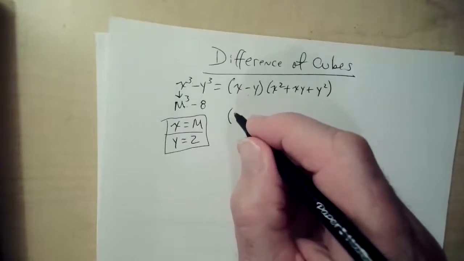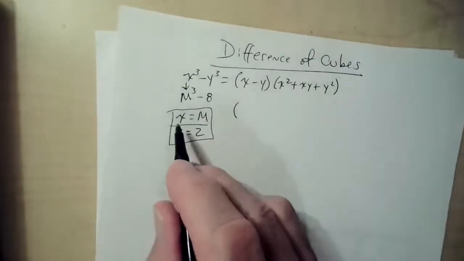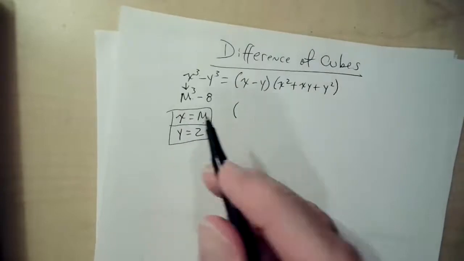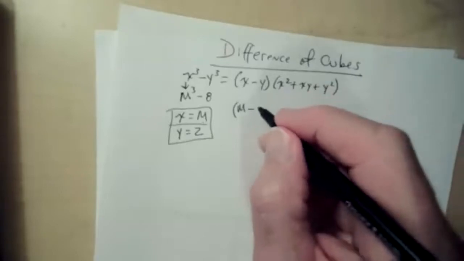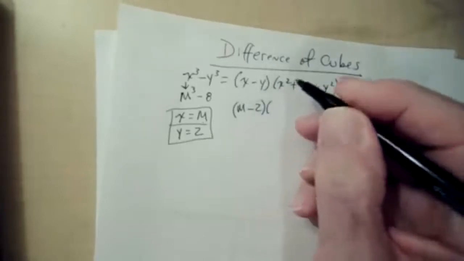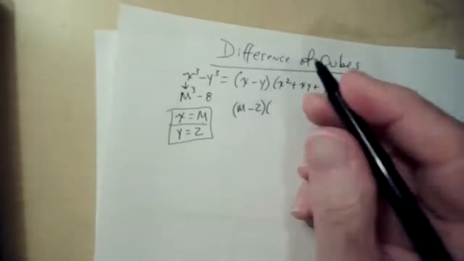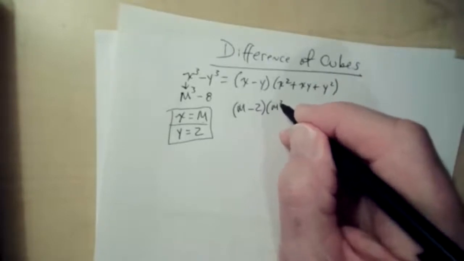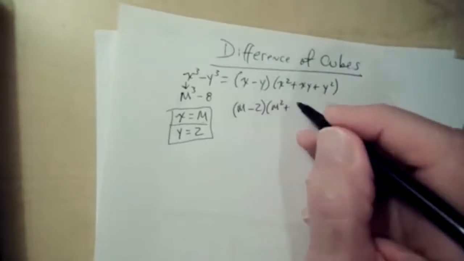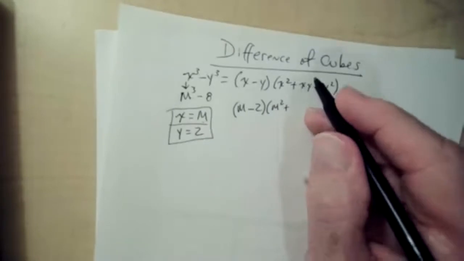Now all we do is plug these letters and numbers into this formula. What is our x? M. Good. Minus y, what is y? 2. Good.